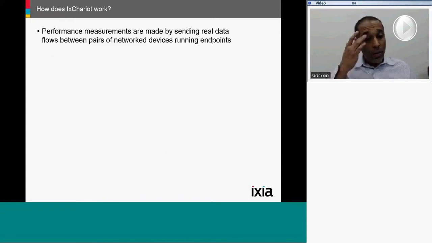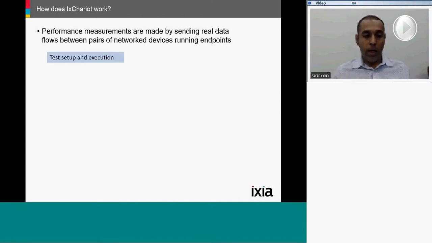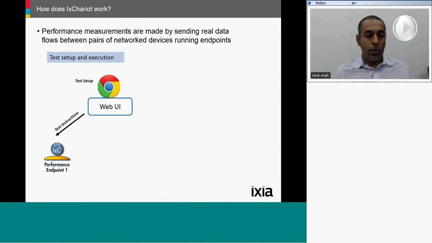So the way IxChariot works is the performance measurements are made by sending real data between pairs of network devices running Ixia's endpoints. So what will typically happen is you will have a web front end with which you'll configure test parameters. Those are then normally sent to endpoints that are running on any number of devices, which I'll come to shortly.